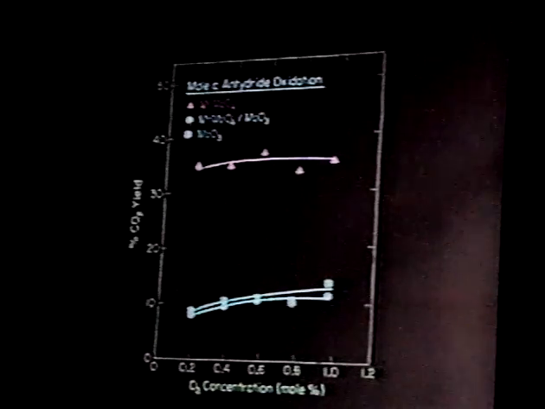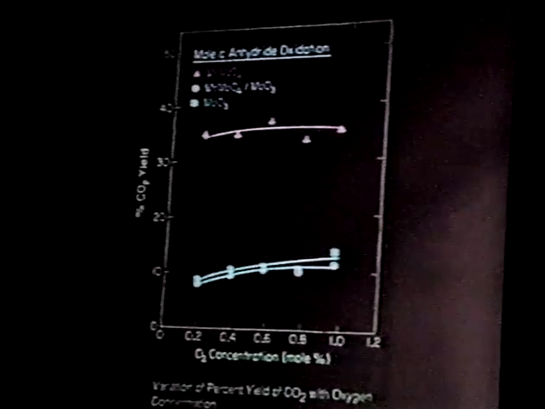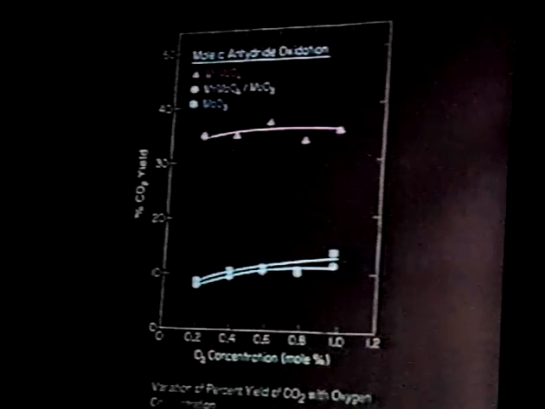We have also seen that the carbon dioxide yield over the promoter itself, manganese molybdate, didn't seem to be very sensitive to oxygen concentration. The carbon dioxide yields over the promoted catalyst and the molybdenum trioxide showed some increase with increasing oxygen concentration.